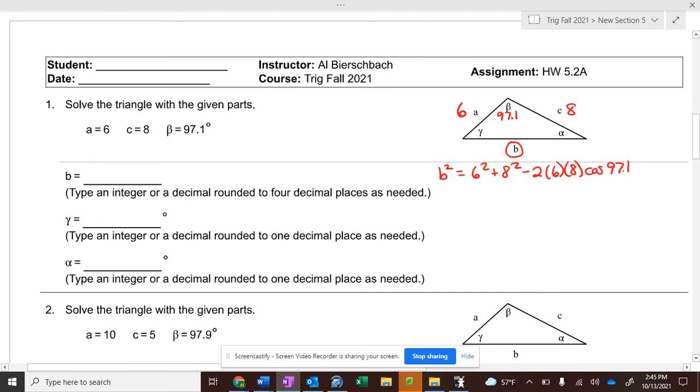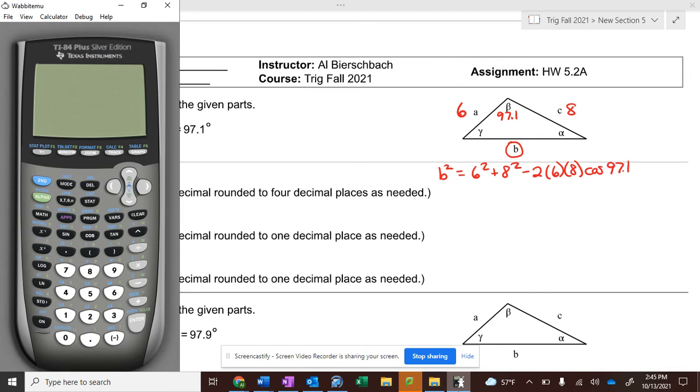Okay? So then, this is when I grab my calculator. Calculator, por favor. So, I just take and go 6 squared plus 8 squared, Mr. Bierschbach, minus 2 times 6 times 8 cosine of 97.1.